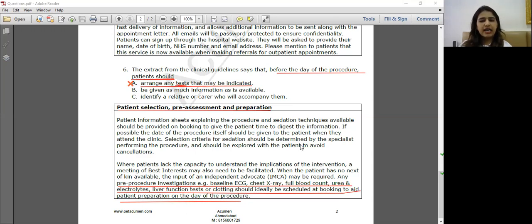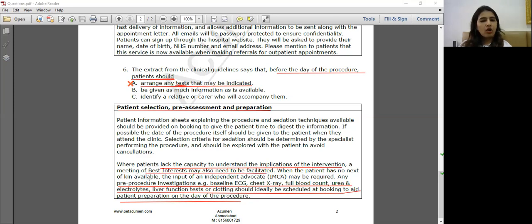It just says that if the patients do not have the capacity, the main thing you need to do here is, if the patients lack the capacity of understanding the implication of it, then a meeting of best interest may also need to be facilitated.